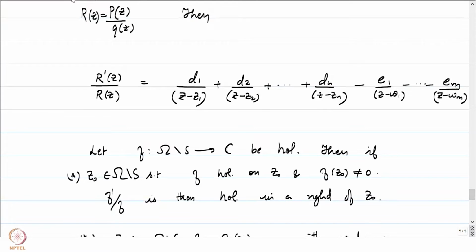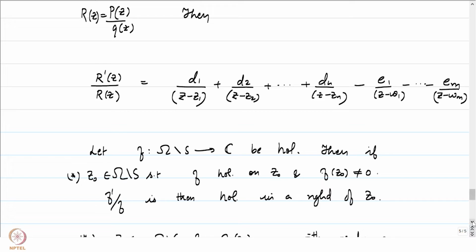So, notice that it is something similar to what happened here. At every point z1, z2, zn and so on, it has a simple pole, and the residue of the log derivative of r at zi's is equal to di, and the residue of the log derivative of r, the rational function, at wi's is going to be equal to minus ei.